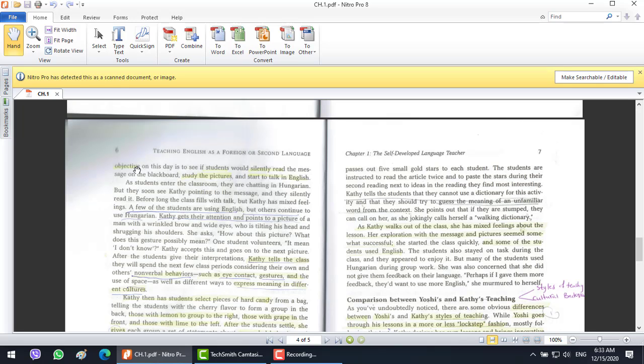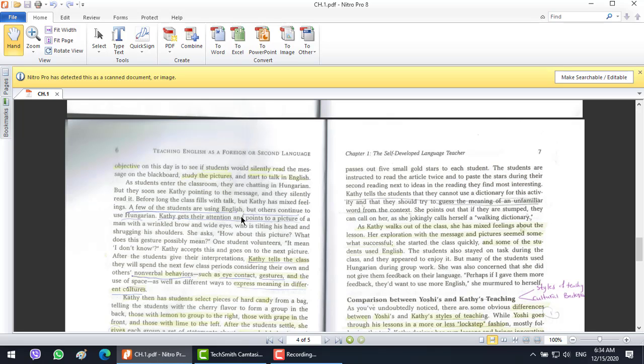She writes the phrase on the blackboard and lets her students read the phrase in order to study and look at the pictures and try to speak in English only. After a while, a few students are using English, but others continue to use Hungarian, because the students are from Hungary, so they want to speak their mother language.